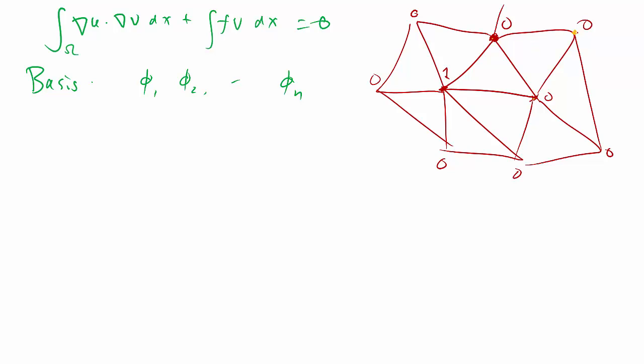For this triangle, all the three nodes are equal to 0. If I require it to be a linear function, it has to be 0 everywhere. The function is only non-zero in a triangle that has a node that is non-zero.